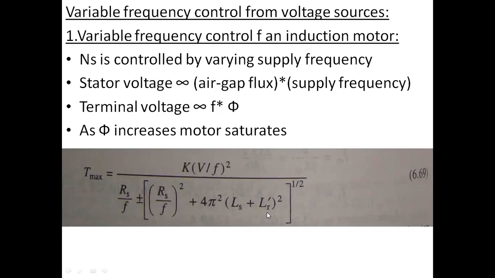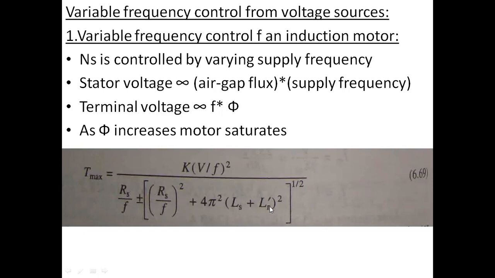Here K is a constant, and Ls means stator inductance and Lr dash is the stator referred rotor inductance.